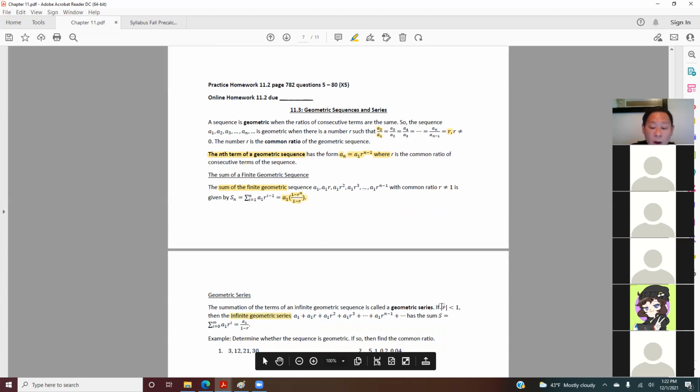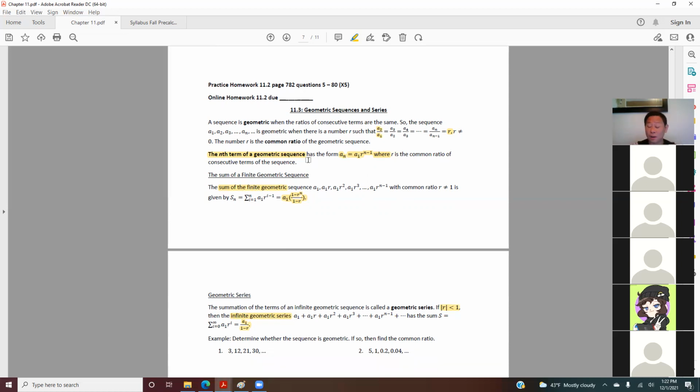As long as the absolute value of r is less than 1, the sum is given by a_1 divided by 1 minus r. So one is for infinite and one is for finite. Finite means it stops, infinite means it continues. We'll talk more about these formulas in Monday's class.